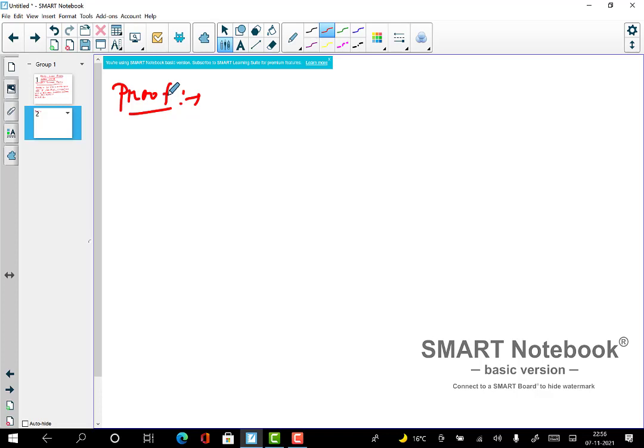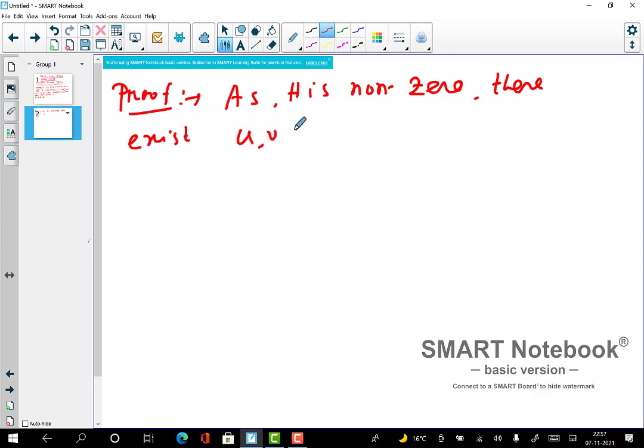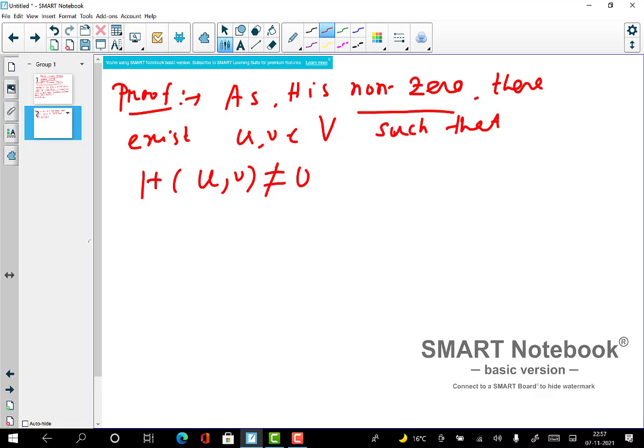So as H is non-identically 0, there exist two vectors u and v belonging to V such that H(u, v) is not equal to 0. That is the meaning of non-zero. Otherwise, if for every such pair it is 0, then H is the zero form.